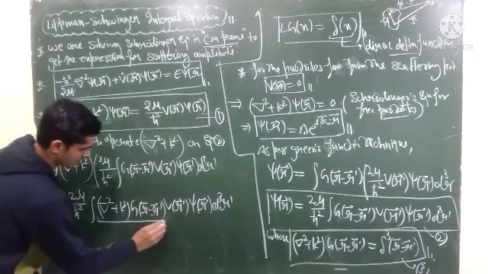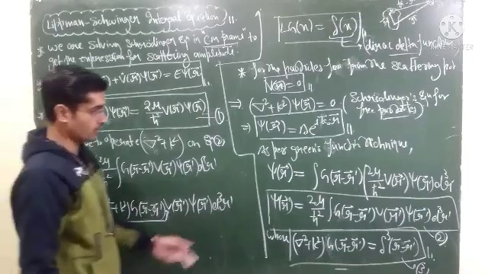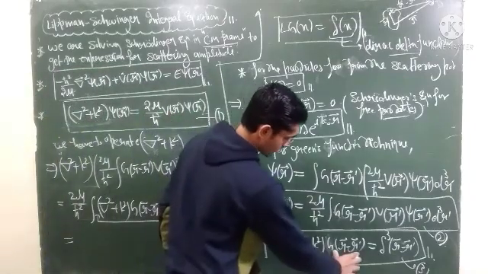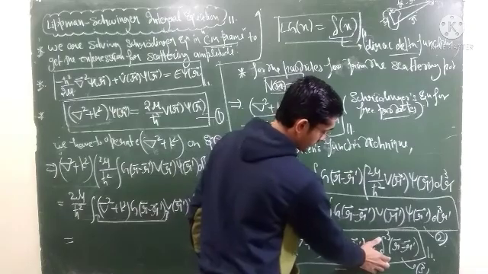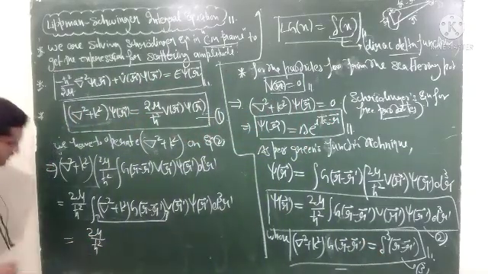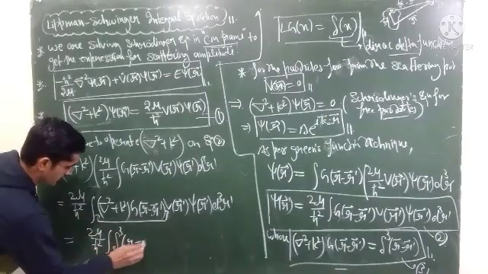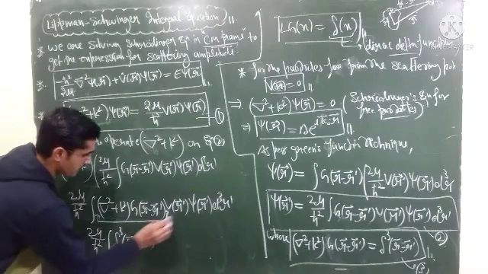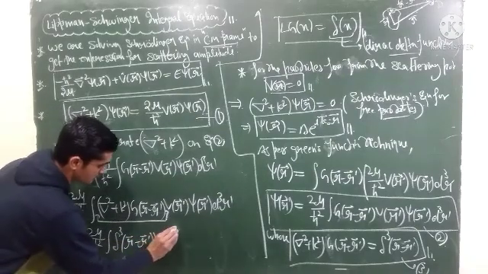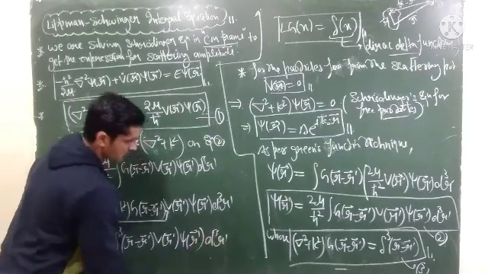Now just look at this particular expression. This operator is acting on the Green's function, and we know by definition that if this operator is acting on the Green's function, it will give the Dirac delta function. So it will be just 2 mu over h cross square into the delta of r minus r dash into v of r dash into psi of r dash into d cube r dash.